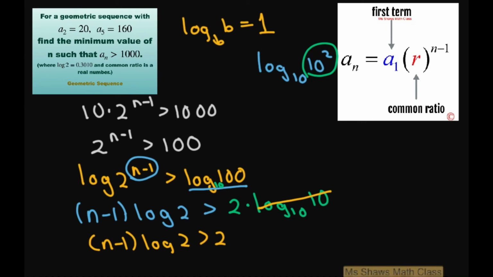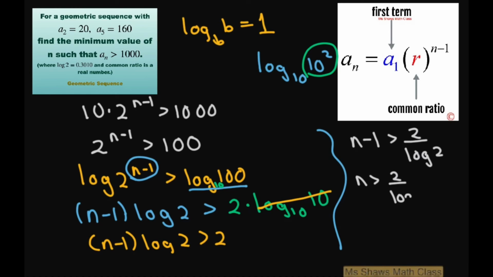Now solving for n, n minus 1 is greater than 2 divided by log of 2, or n is greater than 2 divided by log of 2 plus 1. Now, log of 2 is given to us.